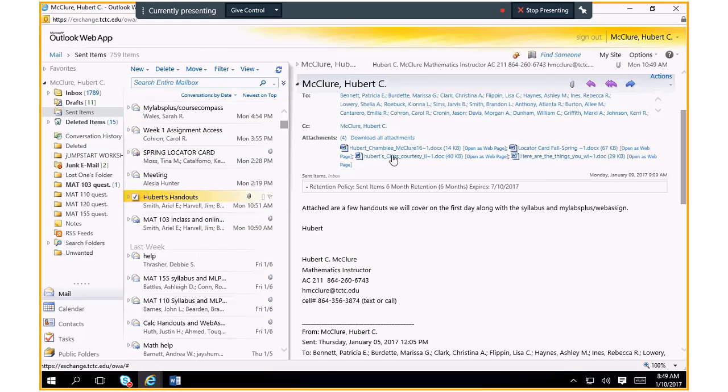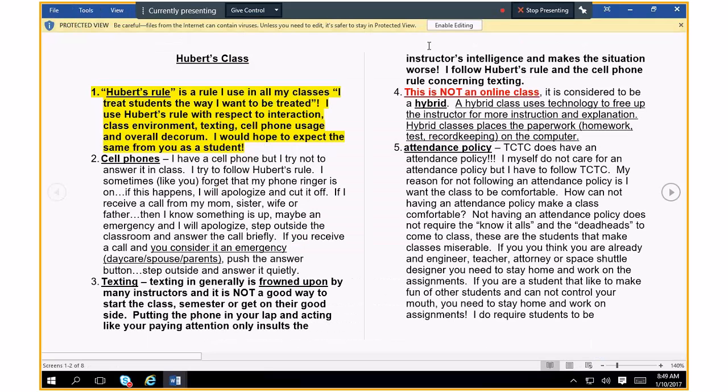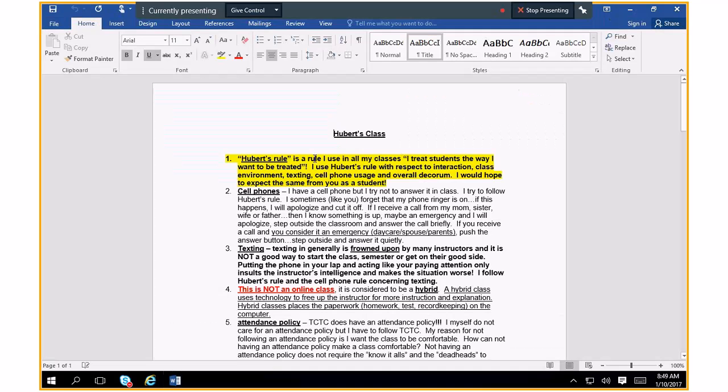Okay, Hubert's class courtesies. For those that have never had me before, I believe in one rule, and that's the yellow rule right there. I treat students the way that I want to be treated. Since 1995, when I graduated Clemson, I worked part-time at Tri-County Tech teaching classes for 1 year, and then I got hired on full-time.